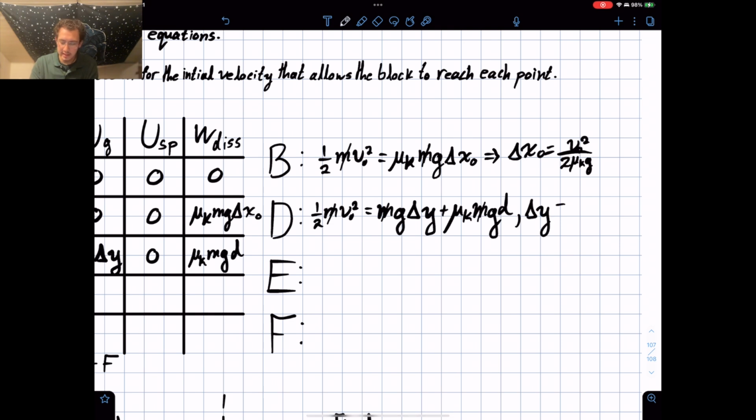Moving everything to one side and dividing by g, delta y is going to be 1/2 v0 squared minus mu k g d, all over g. And this would be a valid expression if you were asked what the height up the ramp would be.